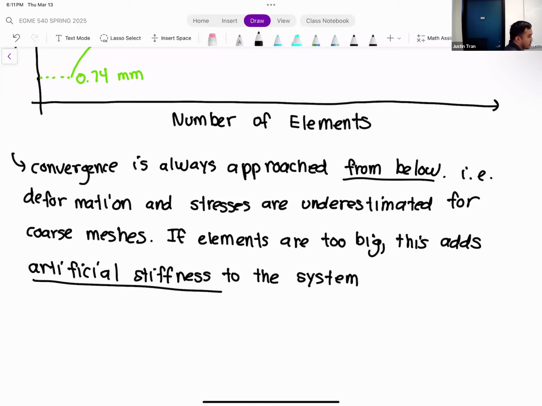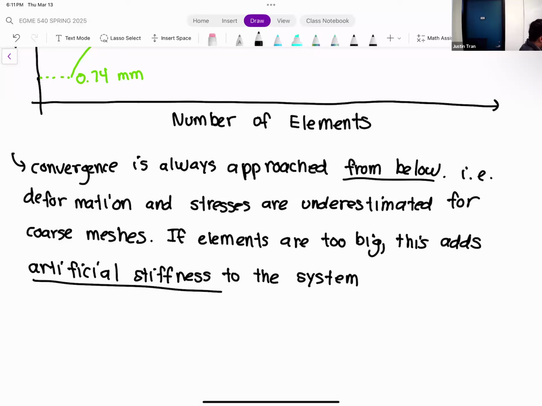And artificial stiffness basically just means that the system has a higher effective Young's modulus. I think that's probably the easiest way to think about it. It artificially increases the Young's modulus so that the system is more stiff than it probably should be.